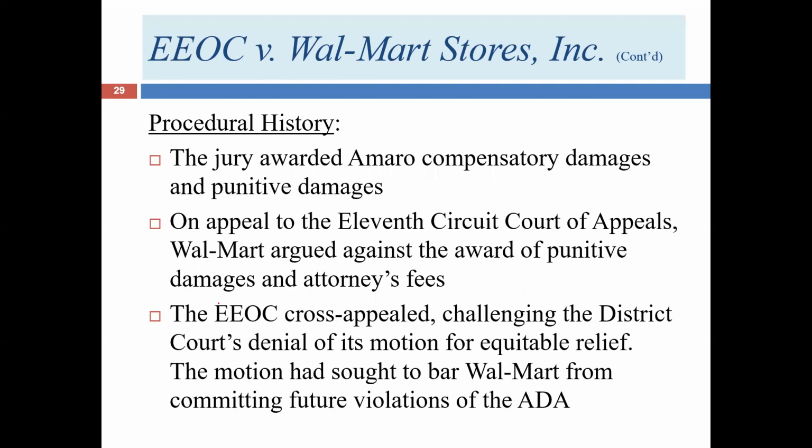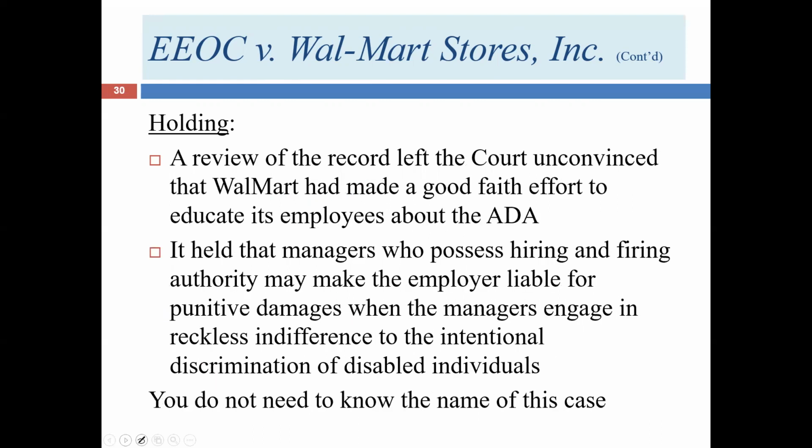And the jury awarded Amaro compensatory damages and punitive damages, and the court upheld that, saying, yes, under the facts in this case, the managers who were making the hiring decisions didn't seem to understand that they needed to hire an interpreter, somebody who could communicate information that Amaro wanted to tell the employer and information the employer wanted to tell Amaro.